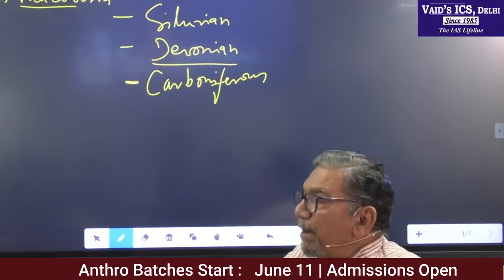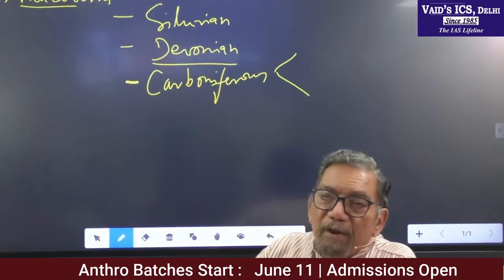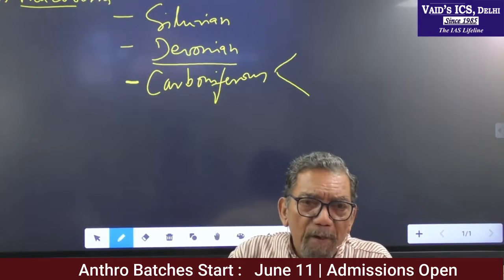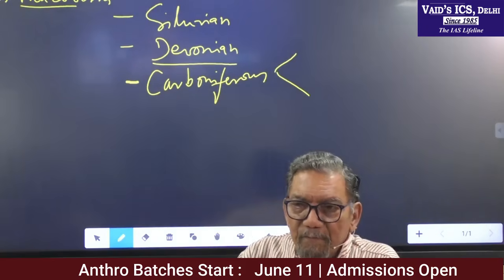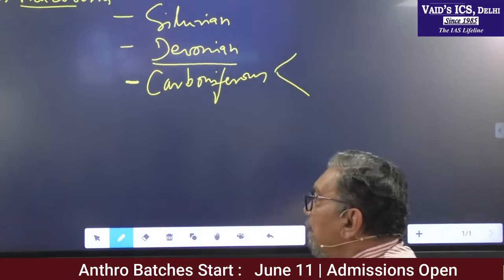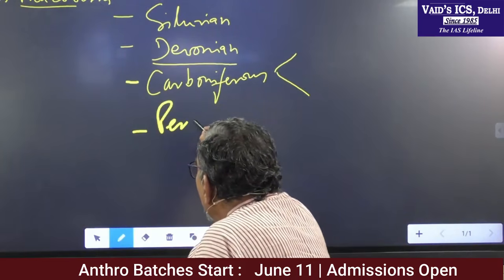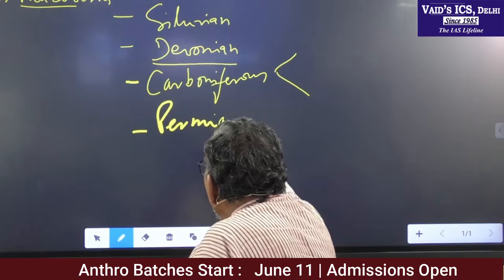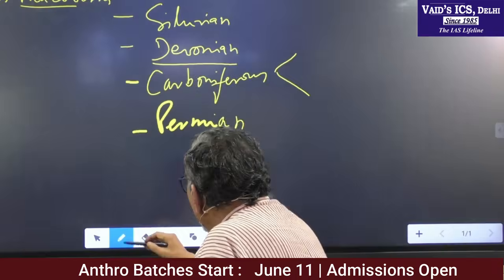In geography, they further divide it into Mississippian and Pennsylvanian. You don't have to do that. And in Permian, evolved amphibians.